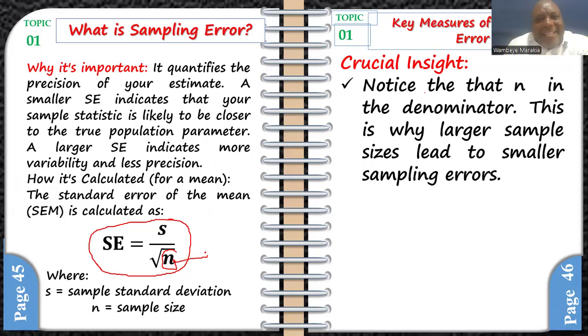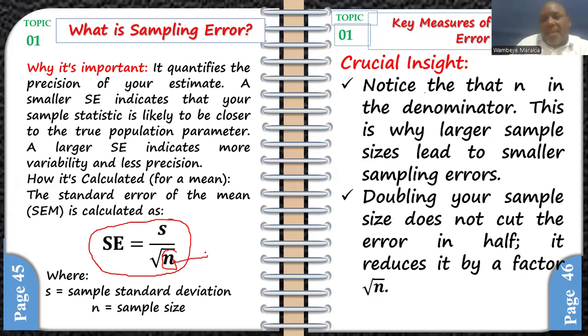This is why a larger sample size leads to a smaller standard error. Also, when you double your sample size, it does not cut the error by half. It reduces it by a factor of root n.